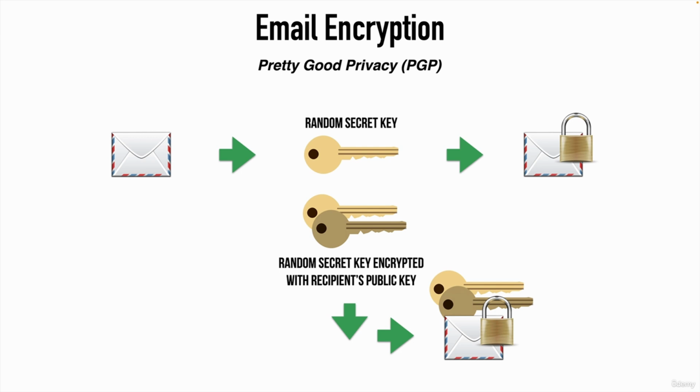The recipient would have to use their own private key to first decrypt the random key, and then they would use the decrypted random key to decrypt the ciphertext and retrieve the email message contents. Again, all of this happens on the back end of these email encryption systems, unbeknownst to the end user in most cases, but I did want you to understand the workflow here.